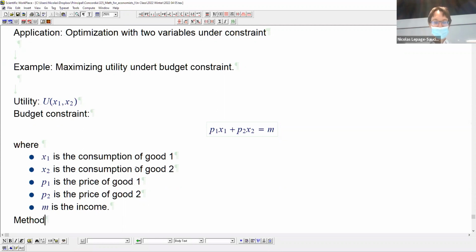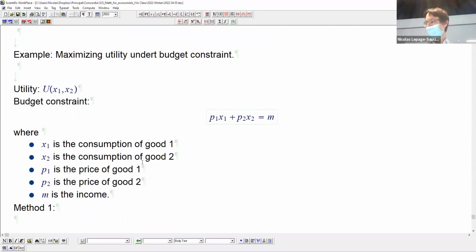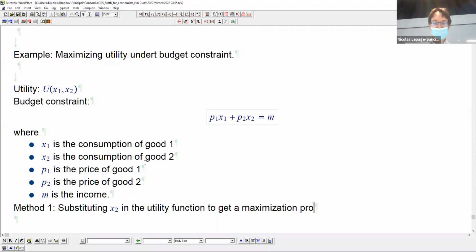Method one: what we could do is substitute x2 in the utility function and get a maximization problem with a single variable.